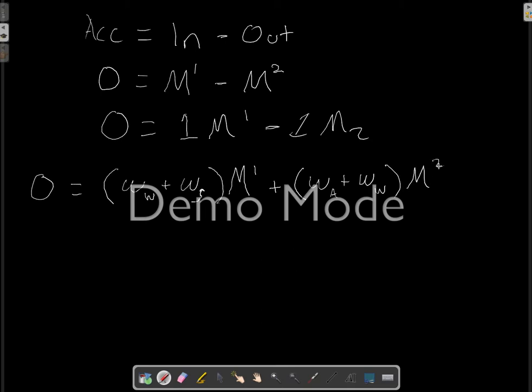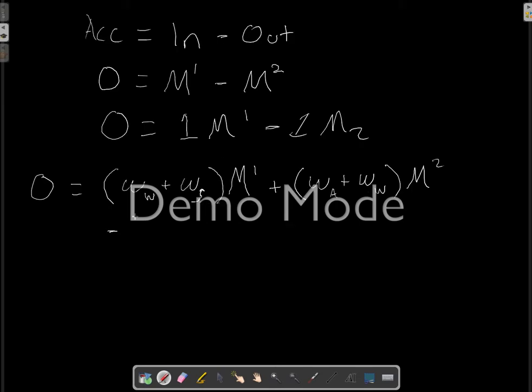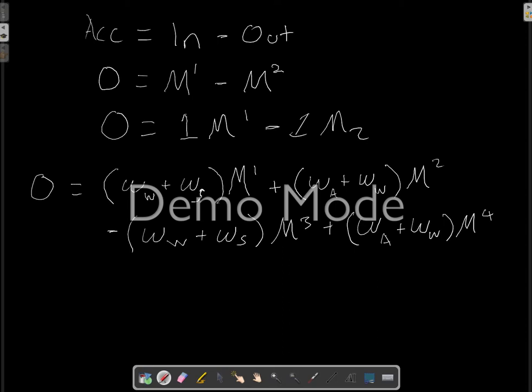Now this is a different stream 1 and stream 2 than I was just talking about, because we're now referring to the problem we were just looking at, rather than just a basic idea. So again, we have W water plus W sludge, mass 3, plus W air plus W water of our mass 4. So that should be a minus.